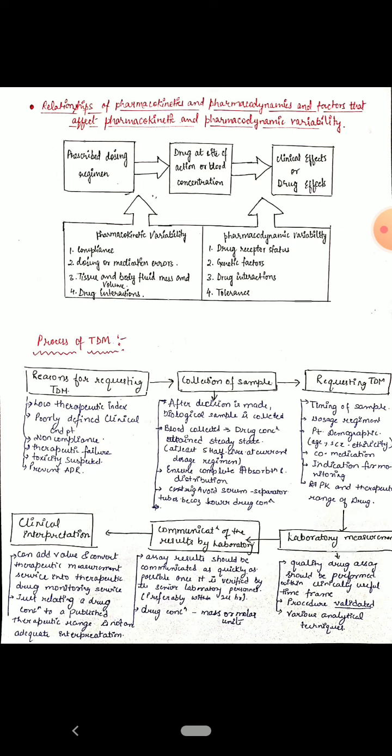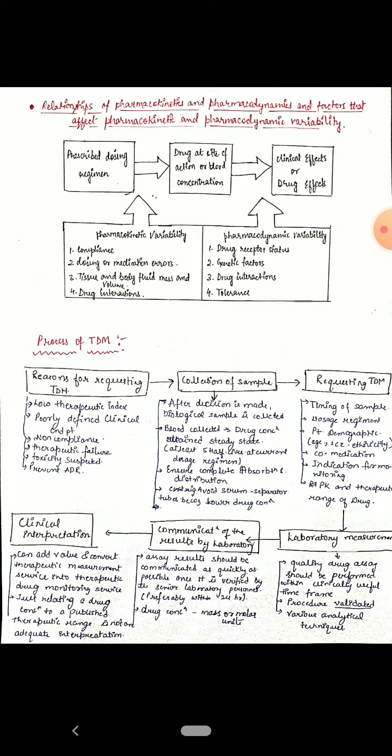So these are the reasons which request the TDM. After getting a request, a decision will be made with the biologicals, whether the biological sample is to be collected or not. So the blood is collected after the drug concentration attains the steady state.